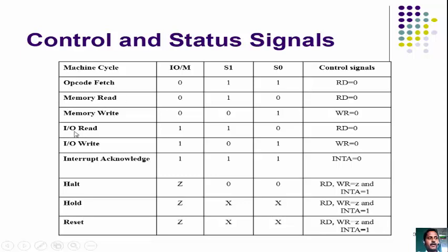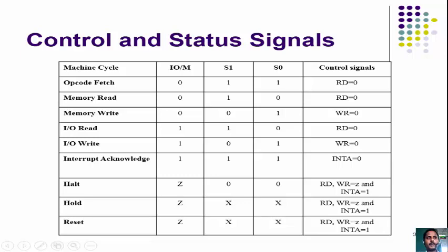In the same way, the IO read cycle. IO means input device and output device related operation. In the IO read cycle, the IO/M bar pin is 1, which indicates the processor is doing an IO device related operation. As we discussed in the first presentation, keyboard and mouse are input devices, and display, LED, CRT display and printer are output devices.